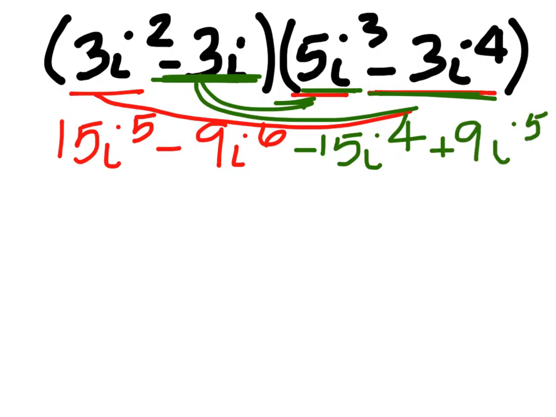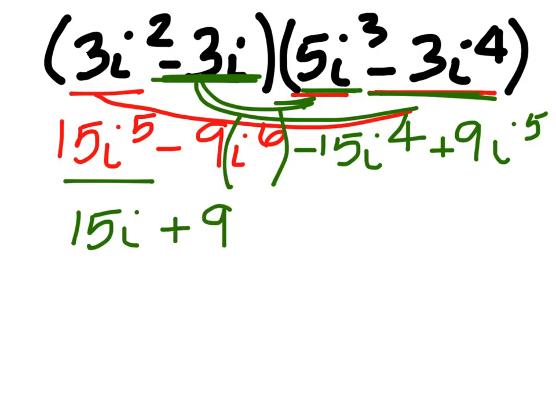Alright. What does i to the fifth give me? i. So we just have 15i. What is i to the sixth? So what happens with that term? Yeah, it becomes plus 9. If i to the sixth is negative 1, it cancels out the other negative with the 9 and becomes plus 9. i to the fourth is 1, so we're just left with minus 15.